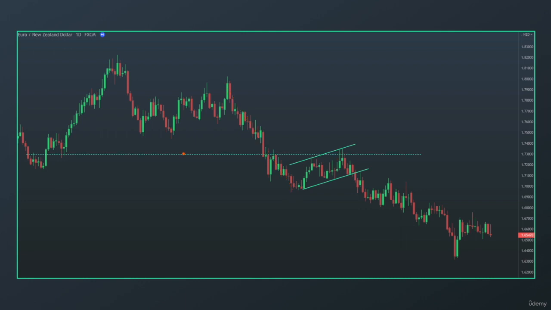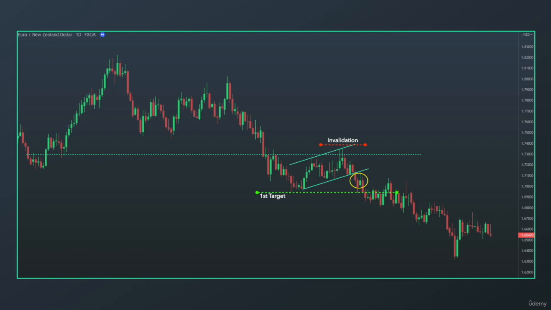It also ended at a resistance level, so previous support turned into resistance and was tested multiple times. Again, we will wait for a breakdown, invalidation above the high, and then first target.